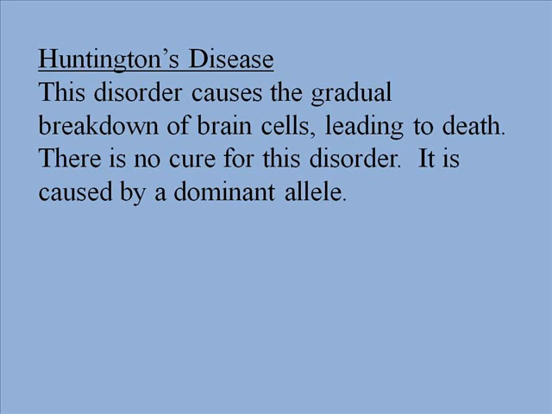This is probably one of the worst you can get, because it causes a gradual breakdown of your brain cells. There is no treatment and it ends in death. This is a completely fatal disorder. There is no cure for this disorder.